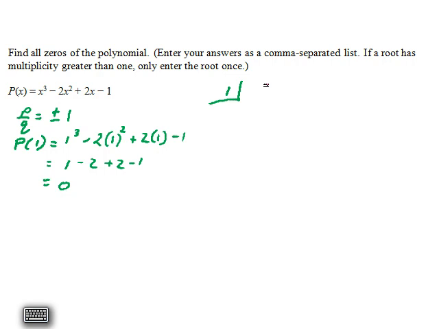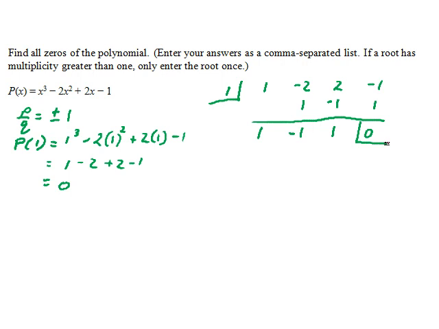And so we use coefficients 1, negative 2, 2, and negative 1. 1 will be the leading coefficient in the quotient. 1 times 1 is 1, plus negative 2 is negative 1, times 1 is negative 1, plus 2 is 1, times 1 is 1, add negative 1 is 0.